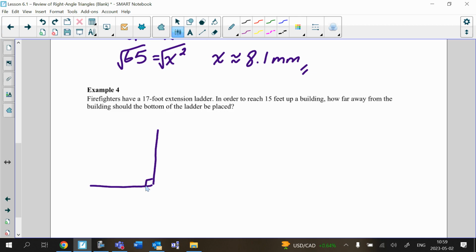So you can see that the one side of the building, the ground, and the ladder make up a right triangle. We know this is 17 feet. We know that it reaches 15 feet up the building. This, and I'll call it D for distance, is what we're trying to figure out.